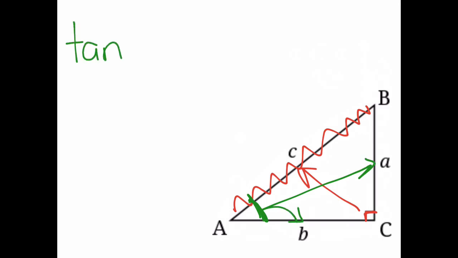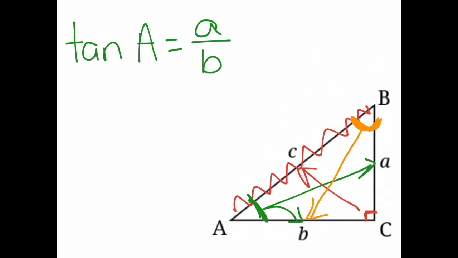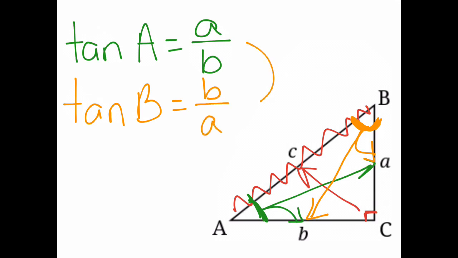So the tangent of angle A would equal A over B. And if we were to go from angle B over here in yellow, we go opposite over adjacent. So the tangent of angle B would equal B over A. Notice how these two have a relationship. They're actually reciprocals of each other, and tangent ratios always work like that.